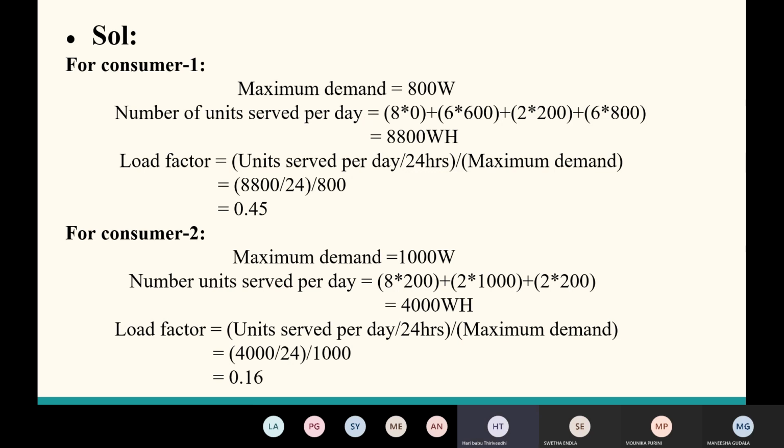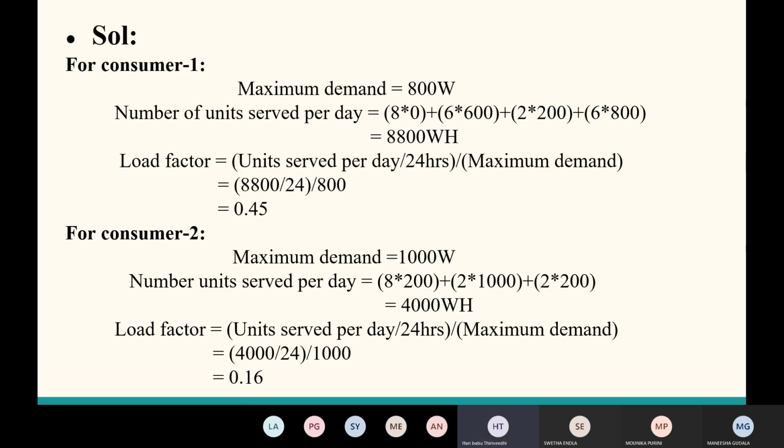Similarly, load factor of consumer 2. The hours do not change. 12 midnight to 8 a.m., 8 hours, load is 200. So 8 into 200 plus 6 into 0 plus 2 into 1000 plus 2 into 0 plus 2 into 200.